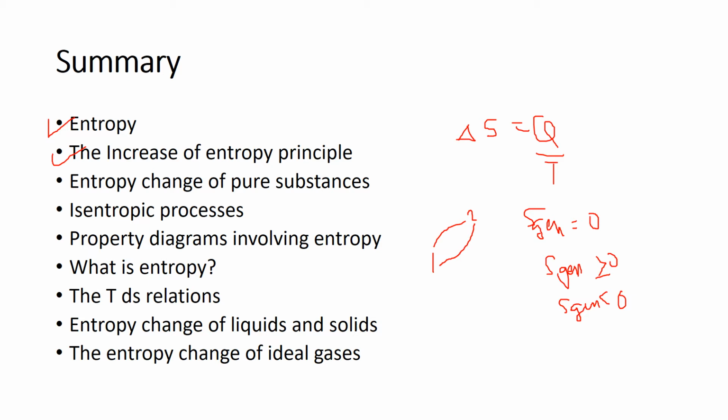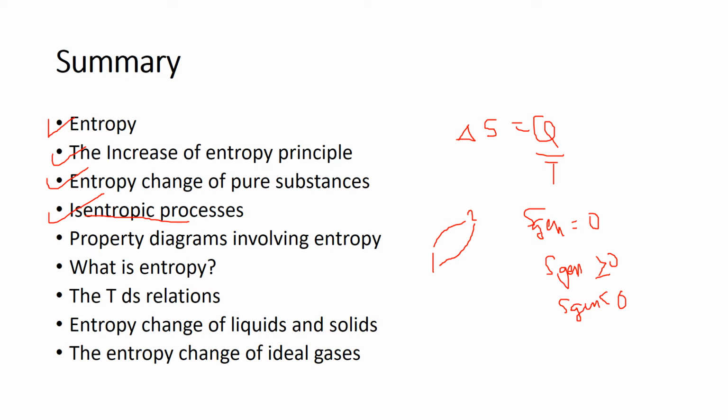Then you have gone through entropy changes of a pure substance. Then you went to something called an isentropic process. What is an isentropic process? It is a process that occurs only if your system is internally reversible, first of all. Second, it should be an adiabatic process.